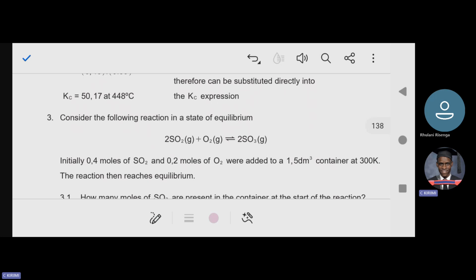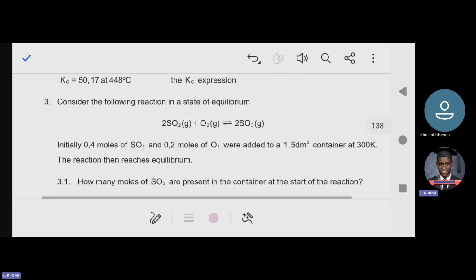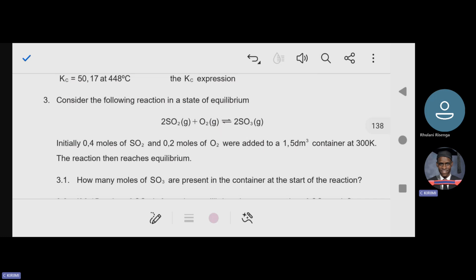The reaction then reaches equilibrium. So the question is now saying, how many moles of sulfur trioxide are present in the container at the start of the reaction initially?